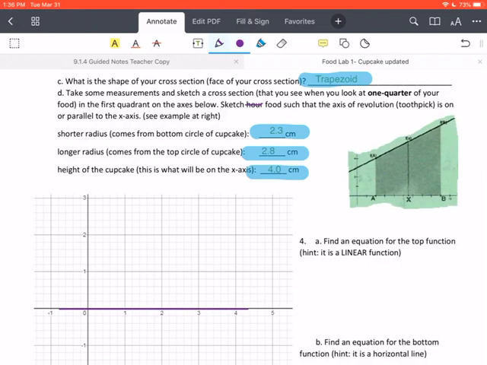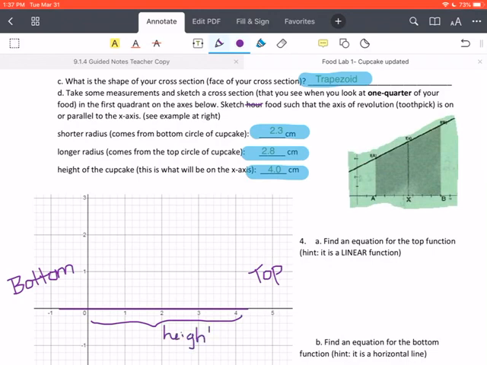So we can picture that I'm going to put the top of the cupcake over here, and I'm going to put the bottom of the cupcake on the y-axis from when we made the slice. Okay, so what is this portion going to be right here? This is actually going to be the height of our cupcake.